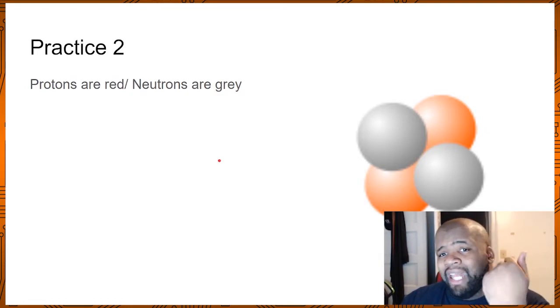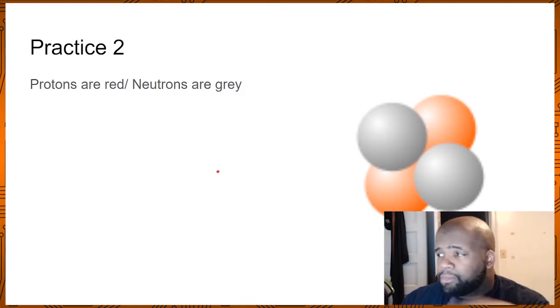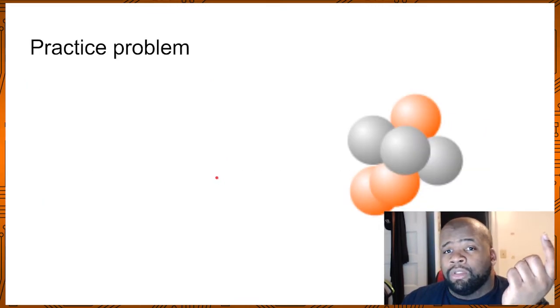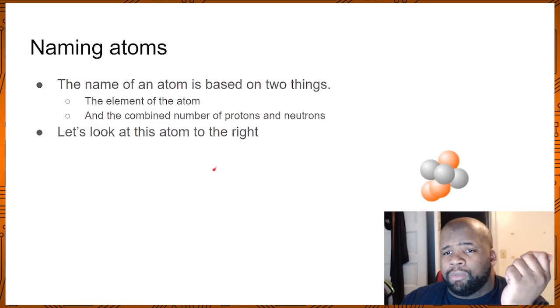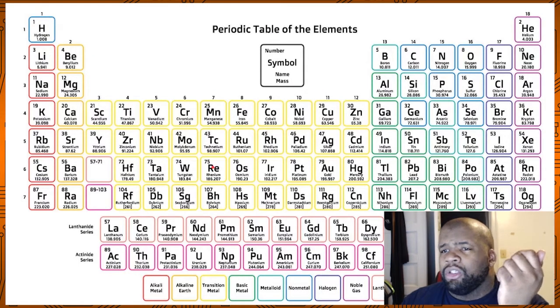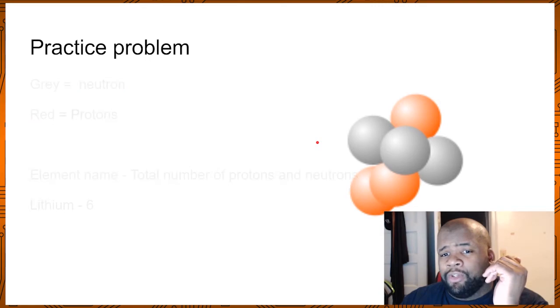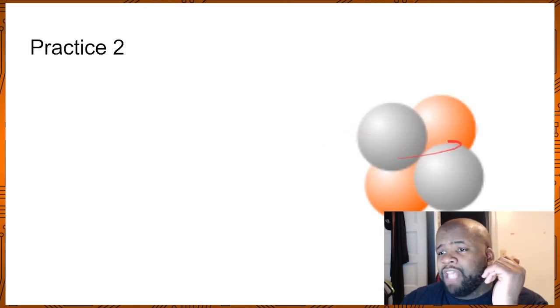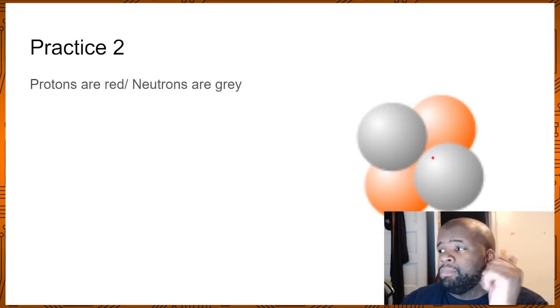So, what element has atomic number 2? Let's back it up to the periodic table. If we look, we see that right here, atomic number 2 is helium. So we know that this element is helium. The second thing we need is the total of protons and neutrons.